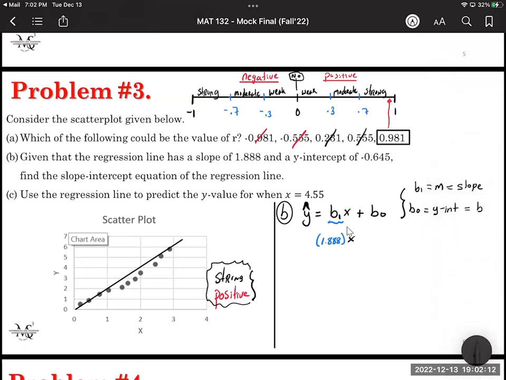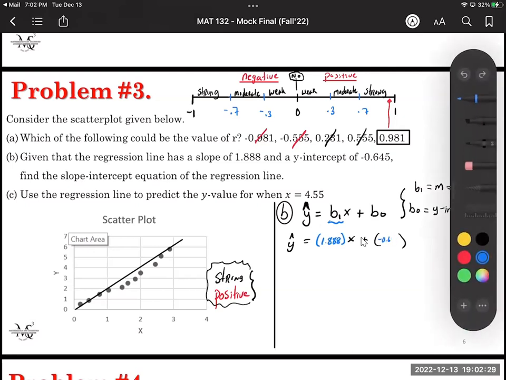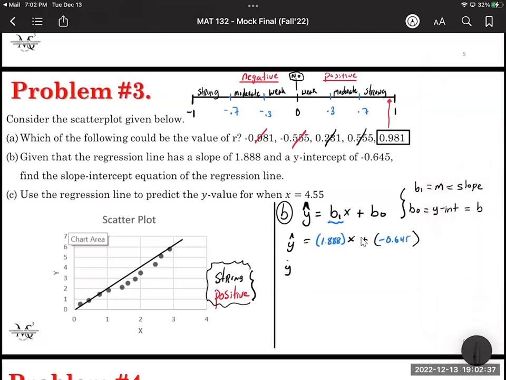So y hat is equal to 1.888 times x plus, in parentheses, the y-intercept, which is negative 0.645.